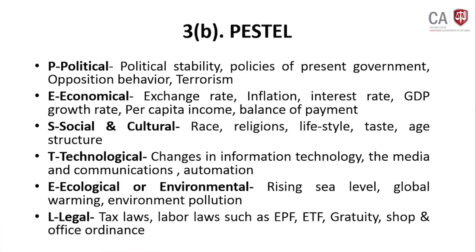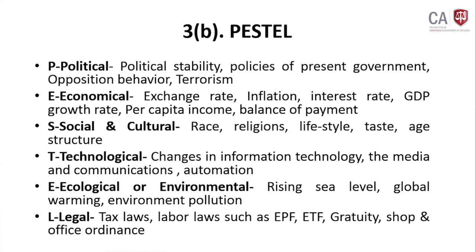Next one is the social and cultural environment. Here we are going to look at race, religion, lifestyle, taste, age structure. Next one is the technological environment: changes in information technology, media and communications, automation.